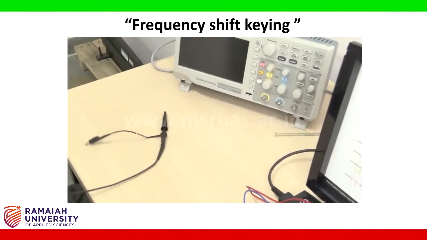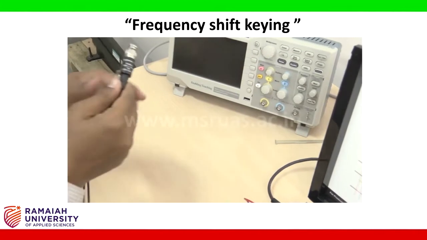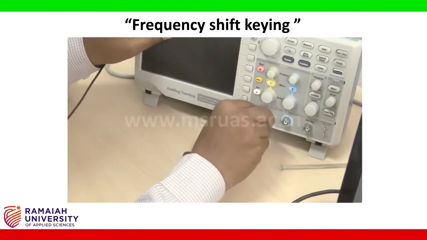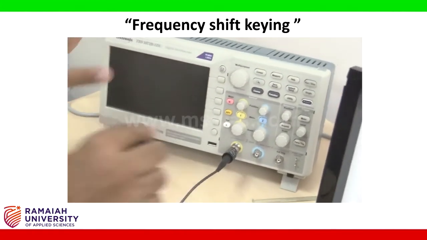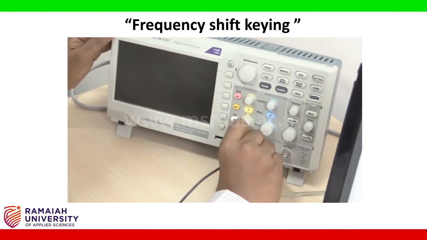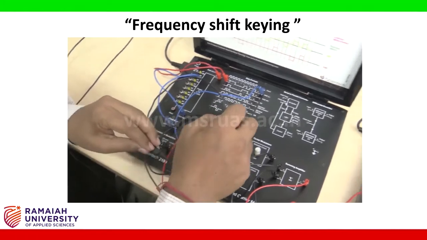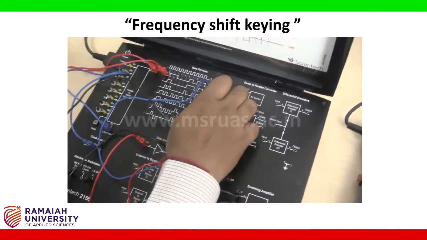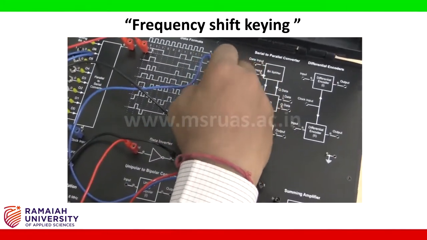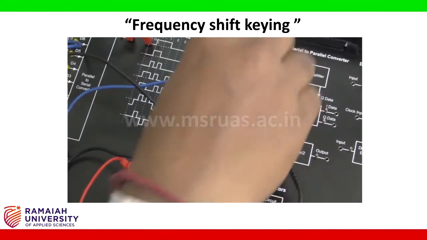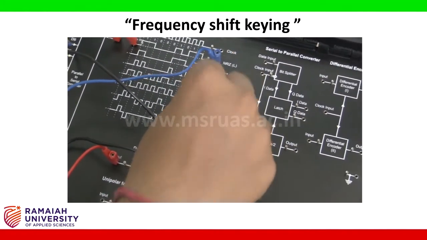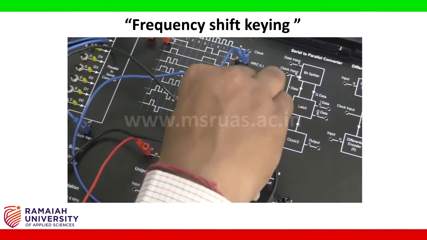Connect the probes for channel 1 and 2 of the oscilloscope. Channel 1 is connected to the NRZ data and negative is connected to the ground.